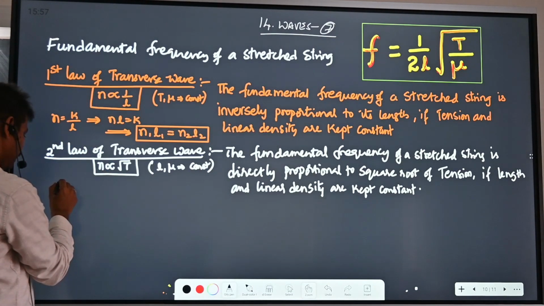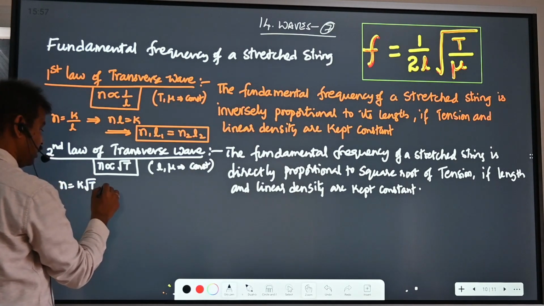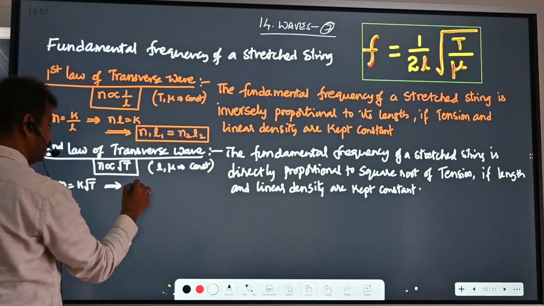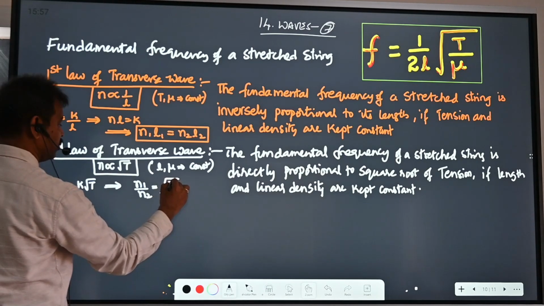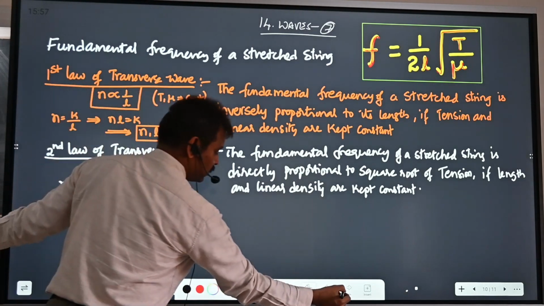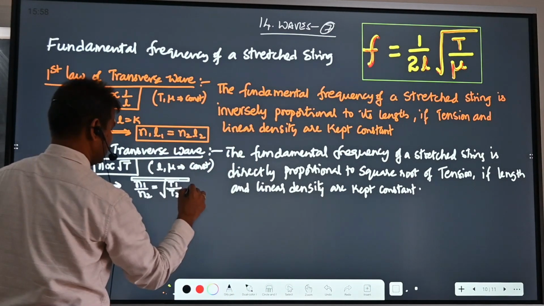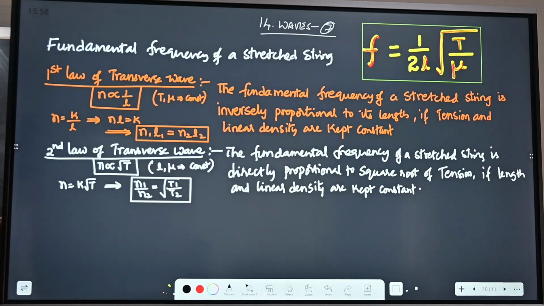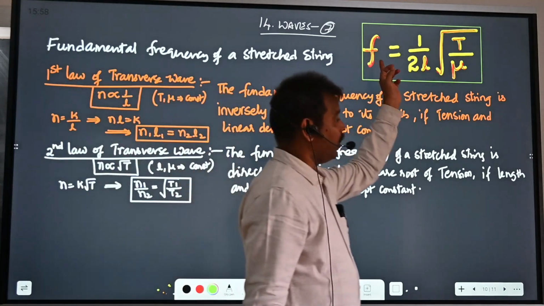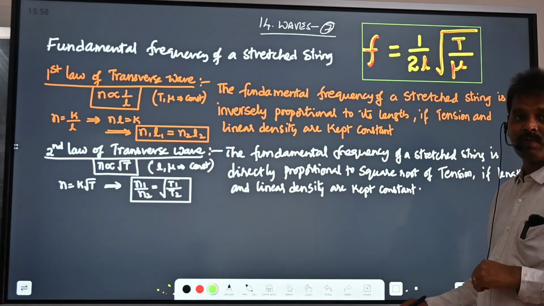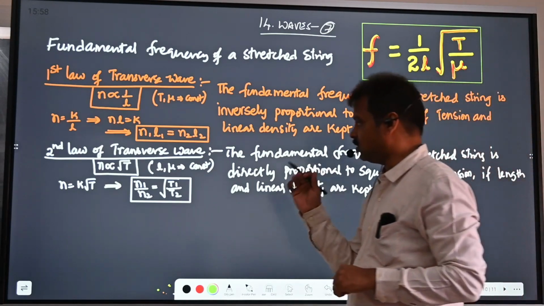From this, N is equal to K root T, or directly I am writing N1 by N2 is equal to root T1 by T2. So this is the second law of transverse wave in a stretched string. Students, what is the third one? Fundamental frequency of a stretched string is inversely proportional to square root of the linear density if length and tension are kept constant. That is third equation.